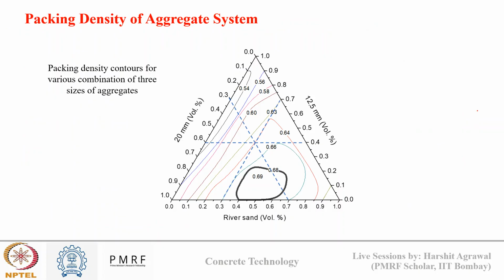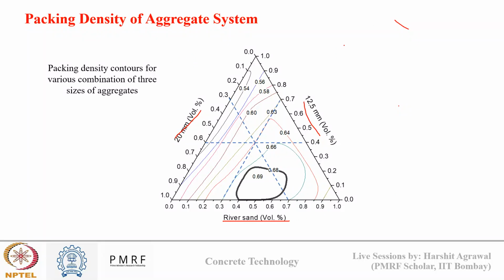This figure shows a simple contour map for a ternary aggregate system. We have 20 mm aggregate, 12.5 mm aggregate, and river sand. Now how to read this figure?